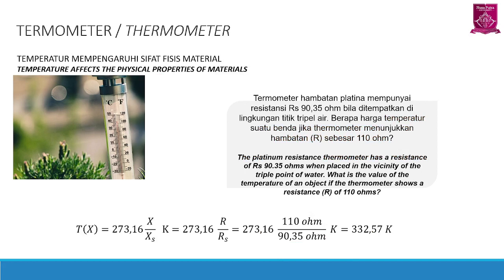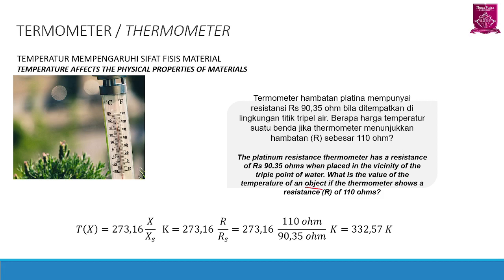Now, for example, I have a platinum with a resistance of 19.35 ohms. The thermometer uses the thermometric property of electrical resistance. This thermometer is used to measure some object, and it shows a resistance of 110 ohms.